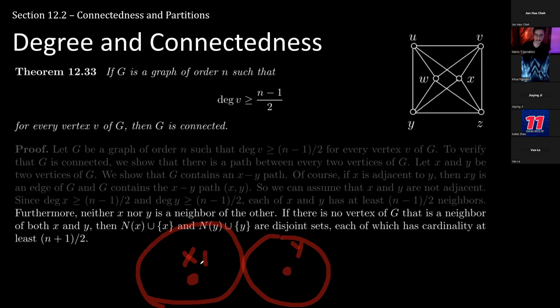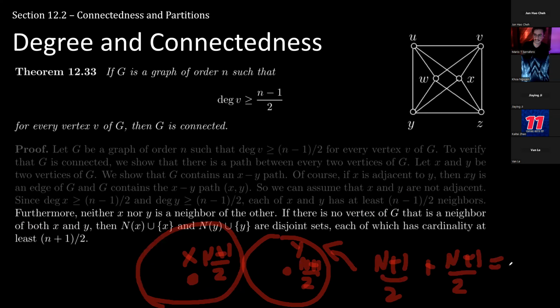If I add x to its neighborhood, this set has (n plus 1) over 2. This set has (n plus 1) over 2. They're disjoint. So the cardinality of the union of these two is the sum of their cardinalities. (n plus 1) over 2 plus (n plus 1) over 2, I get n plus 1.